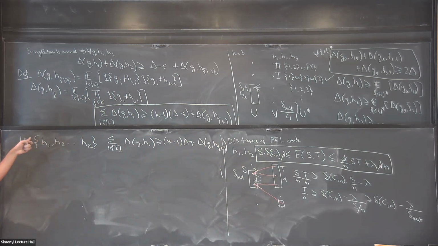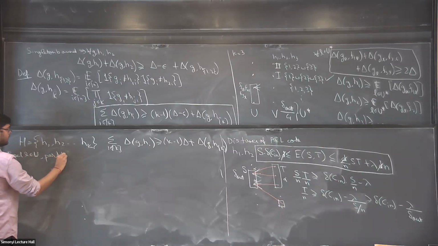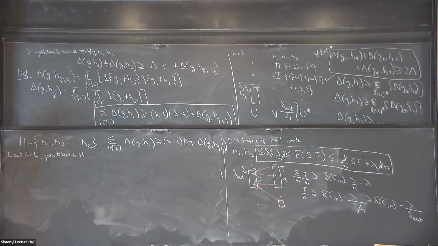That's the strengthening that we were going for. We did the entire partition idea that each L on the left hand side partitions based on the local value that it gets.